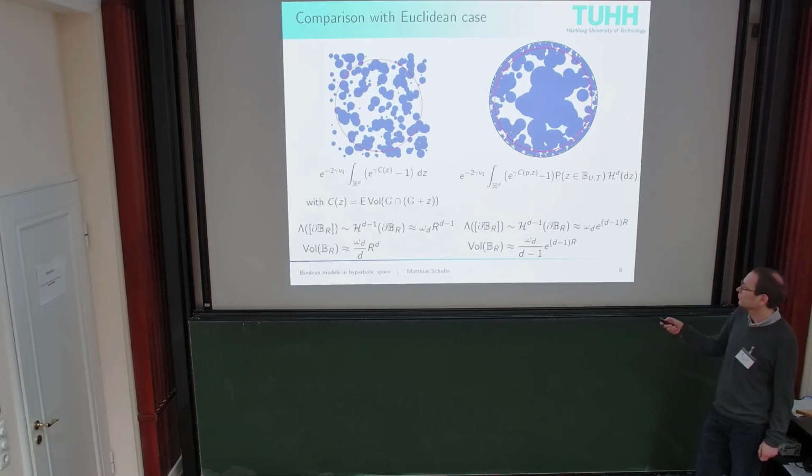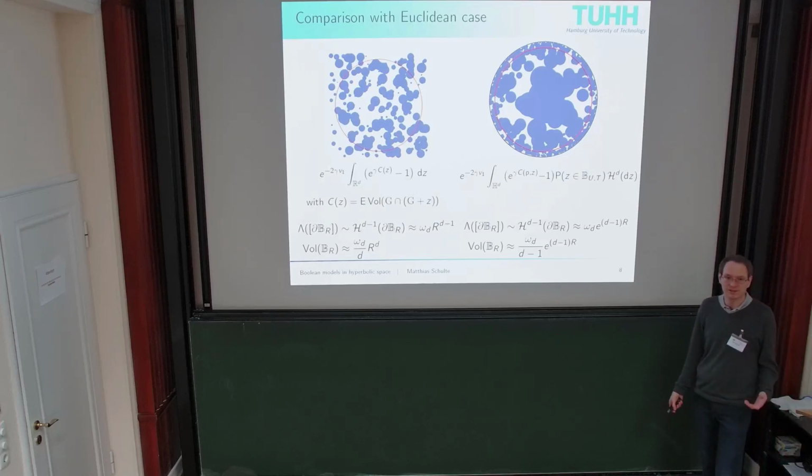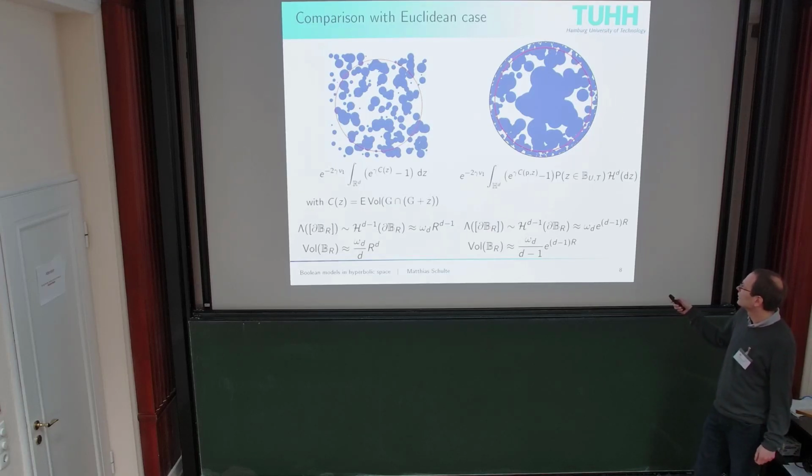So the difference we observe here between Euclidean and hyperbolic space is that in hyperbolic space we have more boundary, and therefore we have more particles that intersect the boundary, and their contribution leads to this term here.